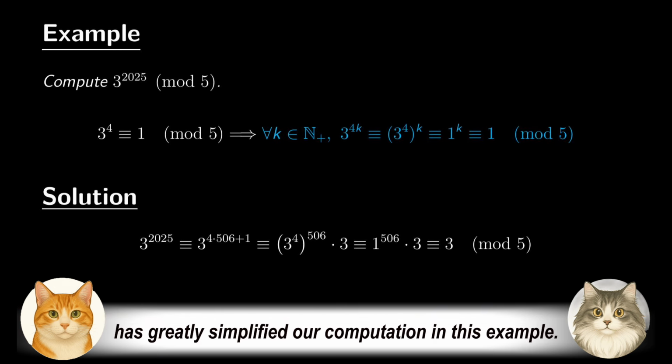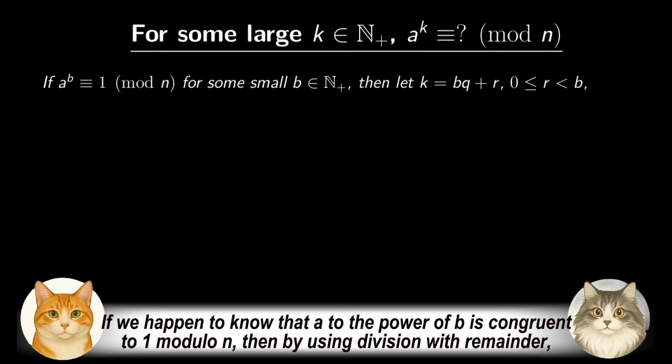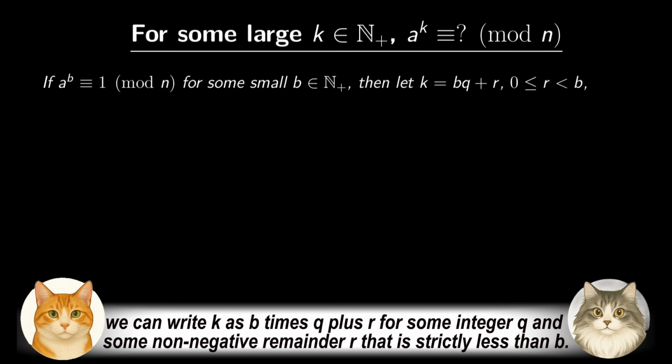We see how 3 to the power of 4 being congruent to 1 modulo 5 has greatly simplified our computation in this example. In general, suppose we are computing a to the power of k modulo n for some large k. If we happen to know that a to the power of b is congruent to 1 modulo n, then by using division with remainder, we can write k as b times q plus r for some integer q and some non-negative remainder r that is strictly less than b.